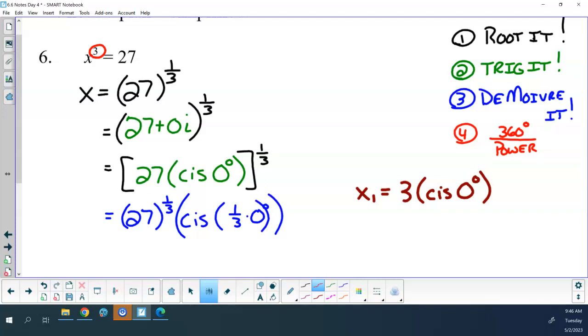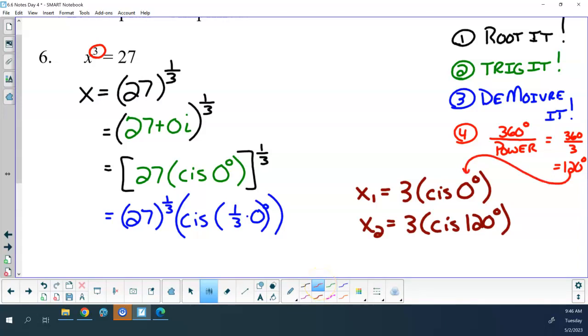So 360 divided by 3 is how much? 120 degrees. So to get my other two roots, I'm going to add 120 to that angle.